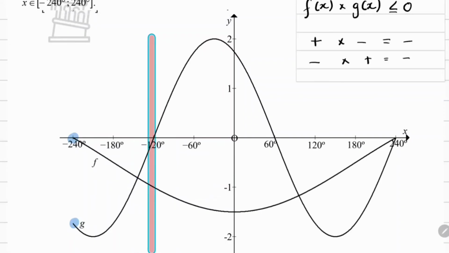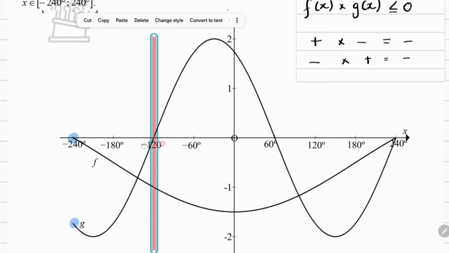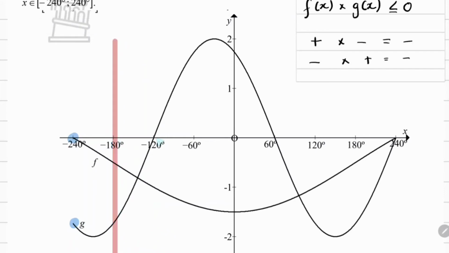Keep going. It's still negative and negative until we get here. You see that here the graph of g is on the x-axis, so its y value is 0. If you take 0 and multiply by that y value, which is a negative something, that gives you 0, which is what we're looking for as well. So let's mark that. We'll definitely take that.